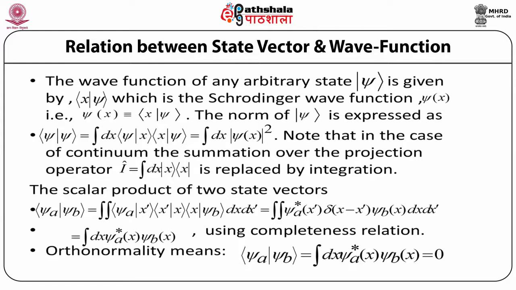The norm of the arbitrary state psi is expressed as bra vector psi ket vector psi, which is equal to the integral over dx of bra vector psi ket vector x bra vector x ket vector psi, which is equal to the integral over dx of the square of the modulus of the wave function psi x, where we see that the state vectors x are normalized.